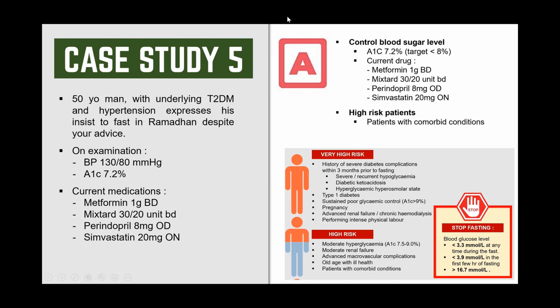For the assessment part, we can say that this patient's blood sugar level is controlled because the A1C achieves the target. Based on the risk stratification, this patient is high risk because he has hypertension.